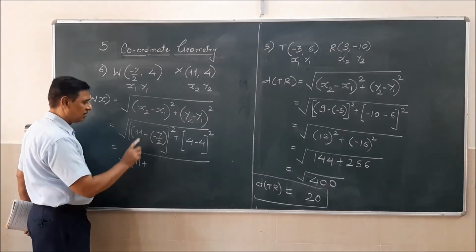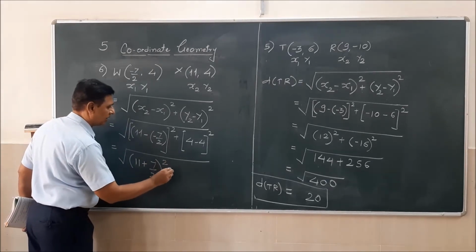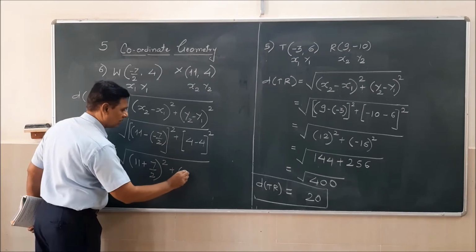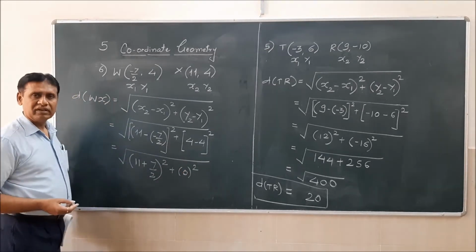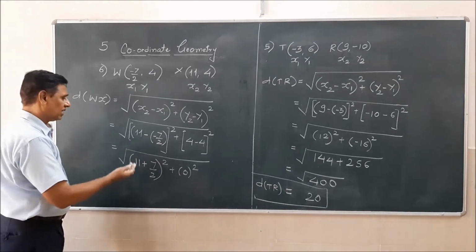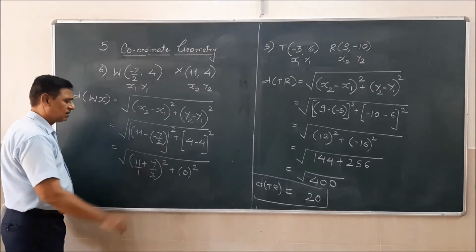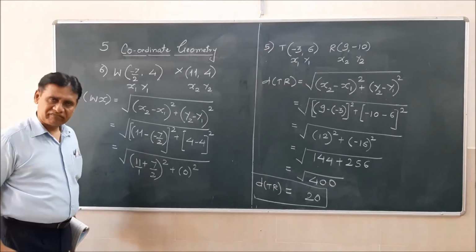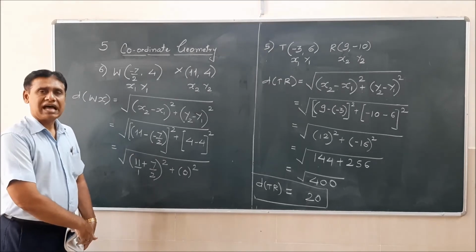So 11 plus 7 upon 2, the whole square, plus 4 minus 4 will get cancelled itself and will get 0. Now since 11 is an integer and 7 upon 2 is a fraction, I place the denominator for 11 as 1.